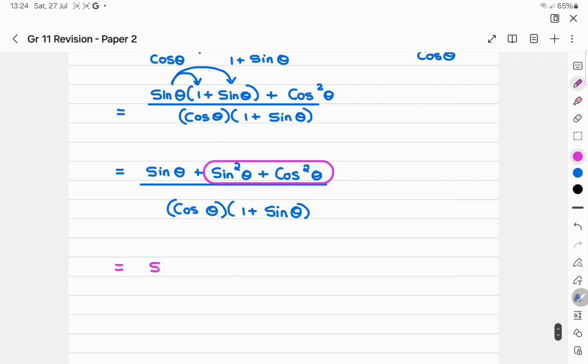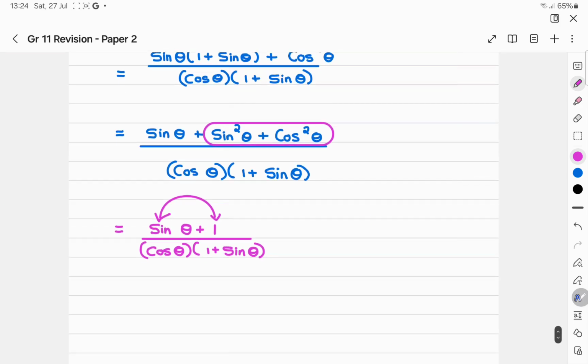So then I've got sine theta plus 1 over cos theta times 1 plus sine theta. And isn't this sine theta plus 1 the same as 1 plus sine theta? Yeah, so you can actually go and rewrite it if you wanted to. Otherwise, you could have just deleted it out.